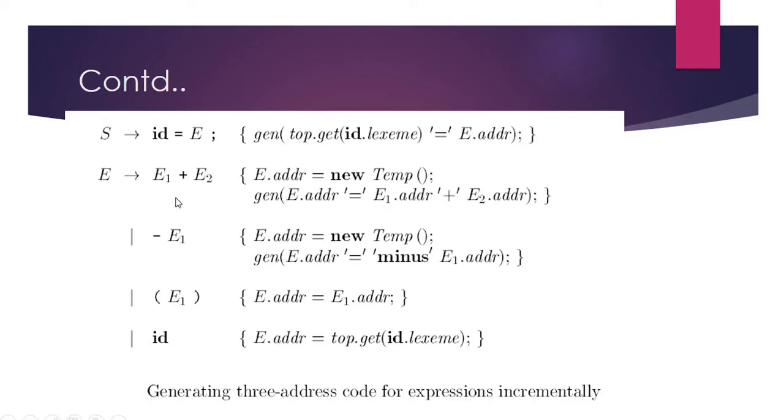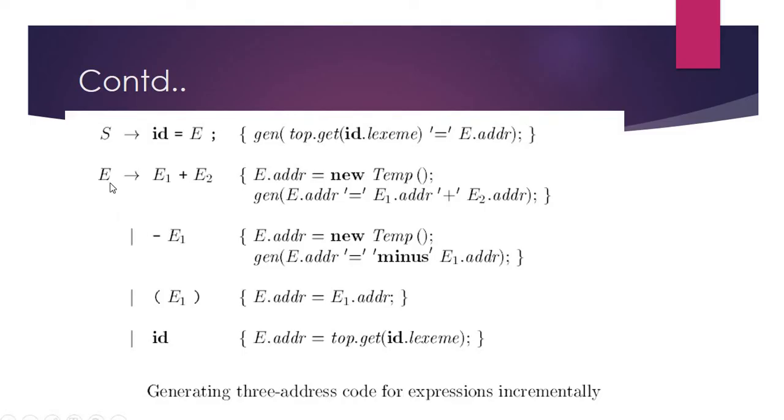And after performing the addition, we are going to store the result in a temporary variable. So it's a compiler generated temporary variable. To create that, the new temp function will be used. So whatever new temporary variable is generated, its address will be captured in the parent E. So E dot address is equal to that new temporary variable generator and its address.